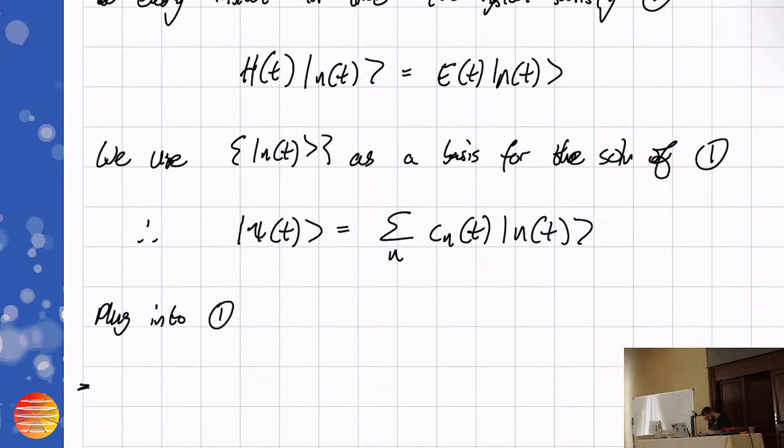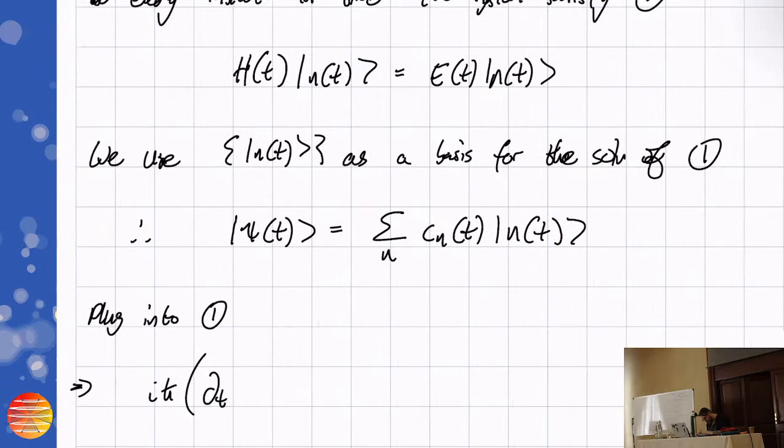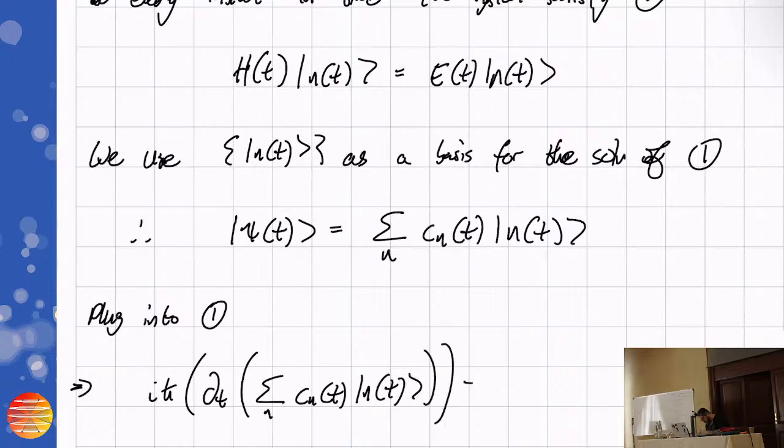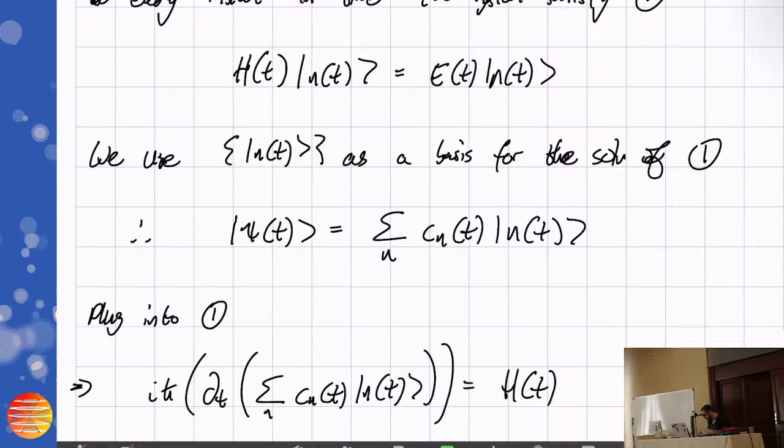What I have is i h bar times the time derivative, and then I plug in what my psi of t is, using this ansatz solution, the sum over n of C_n(t) |n(t)>, and that is equal to my time-dependent Hamiltonian h of t applied to this ansatz solution, C_n(t) |n(t)>.